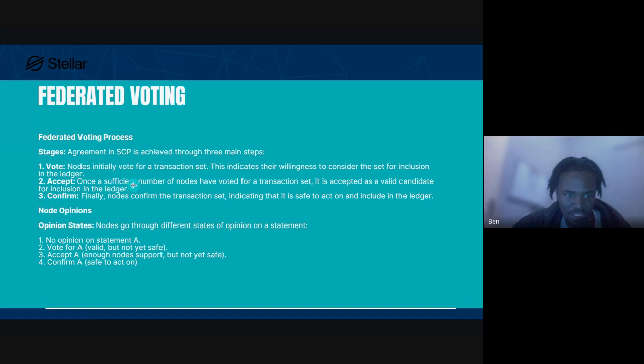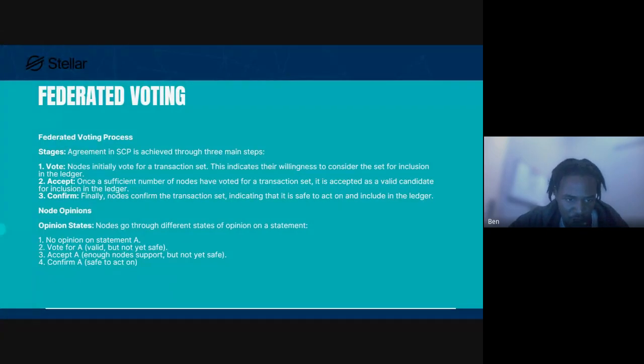Once a sufficient number of nodes have voted for a transaction set, it is accepted as a valid candidate for inclusion in the ledger. And then the third step is confirm. Finally, nodes confirm the transaction set, indicating that it is safe to act on and include in the ledger.